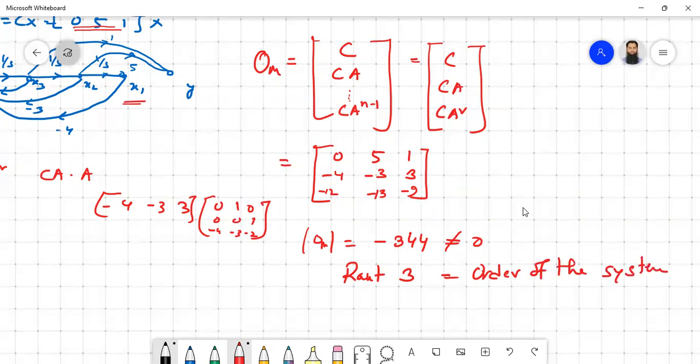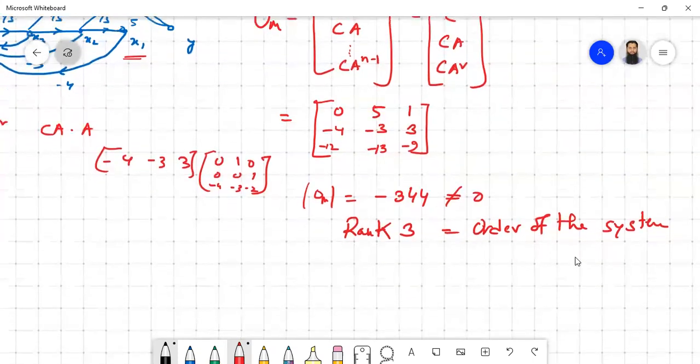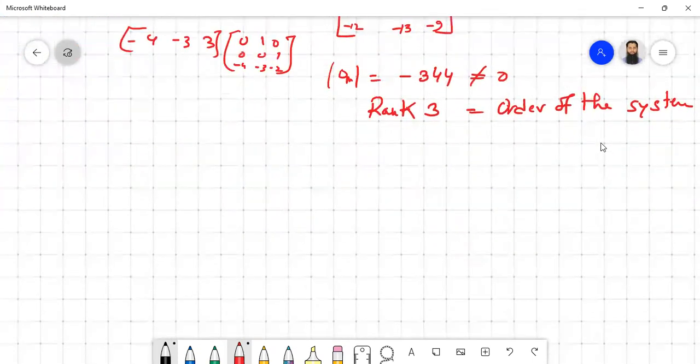So we can conclude that even though by inspection X1 was not observable, in reality the system is completely observable. So you can go for the pole placement technique for this one.